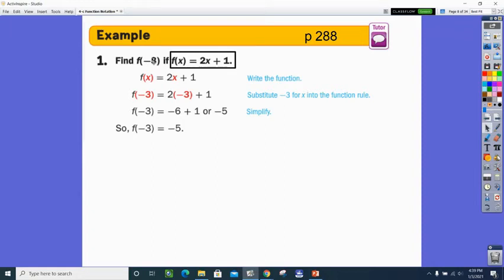So this -3 is going to take the place of the x. So f of -3, the function of -3, is to take 2 times -3, which is -6, add it to 1, and you get -5. So when -3 went into this function, -5 came out. -3 is your input, -5 is your output.